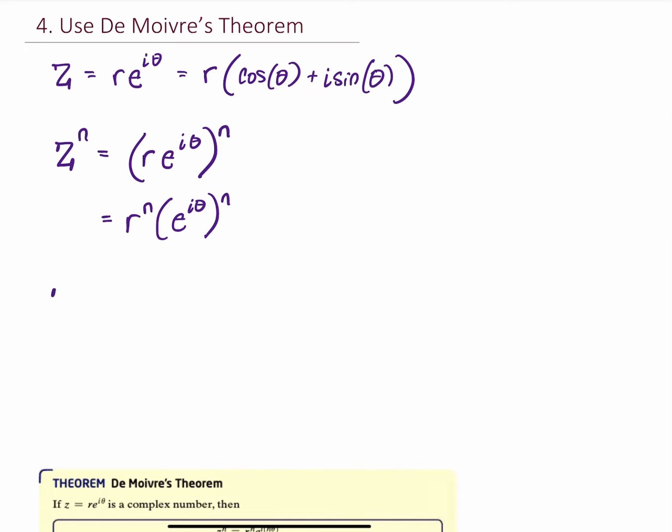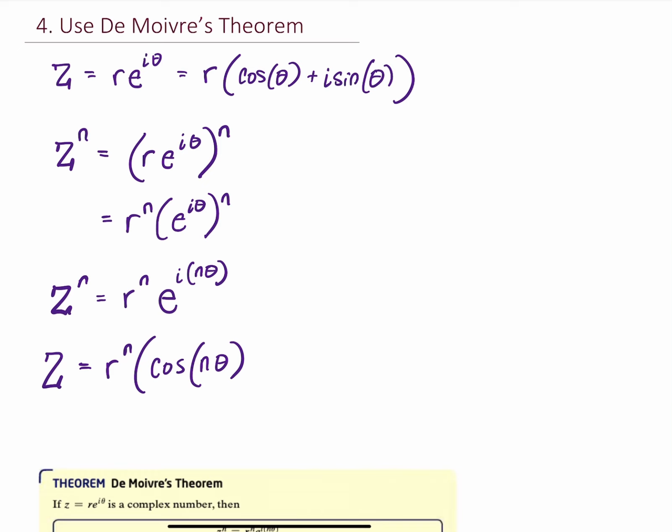So we can say z to the power n would equal r to the power n times e to the power of i times n times theta, or we can say i times n theta. Notice the angle will get multiplied. And then we can expand this as polar form, so r to the power n times the cosine of n theta plus i times the sine of n theta.